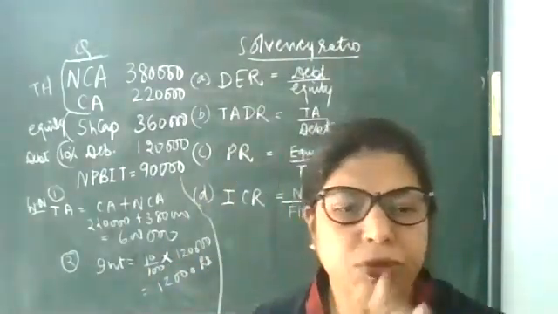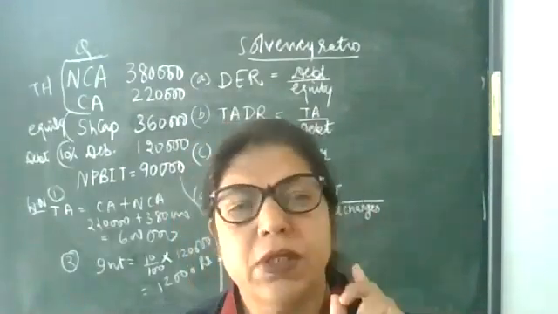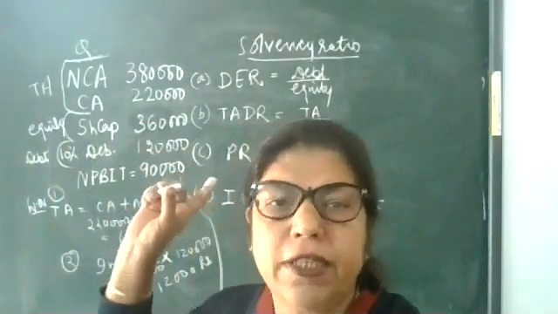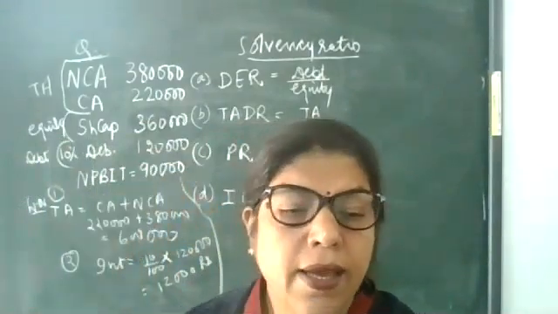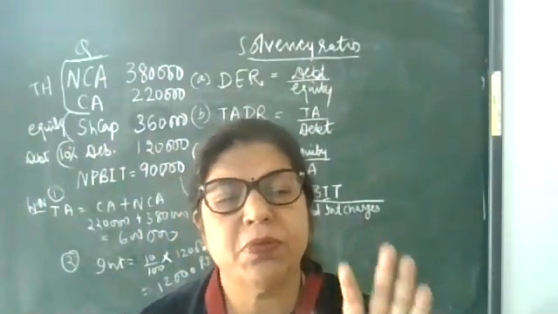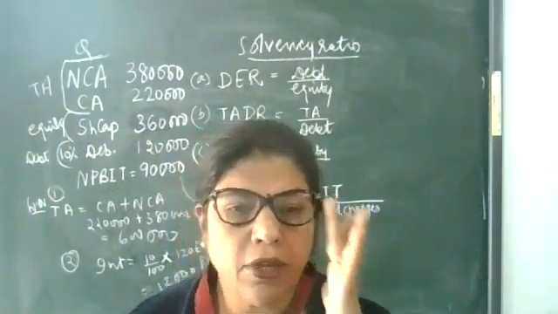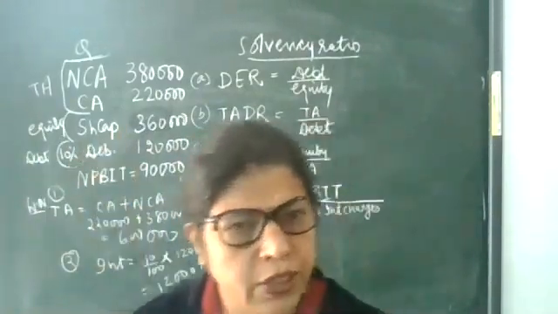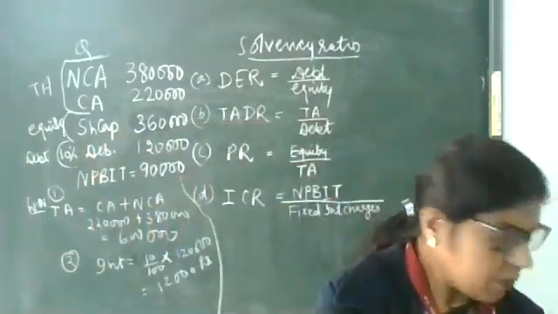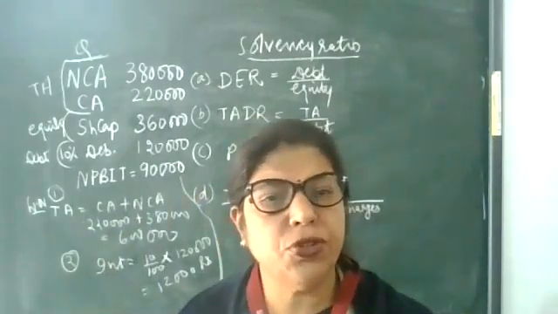Shall I explain again why I calculate these two things prior? Because total asset we require in various formulas, and interest. 10% means 10% rate of interest, and on debenture means 1,20,000. Clear? Now, children, come with me and we will do the question.